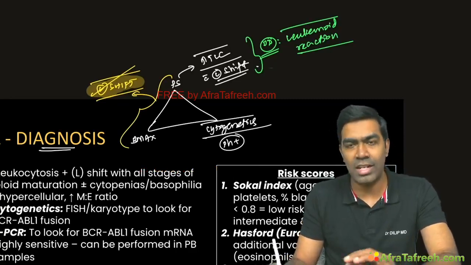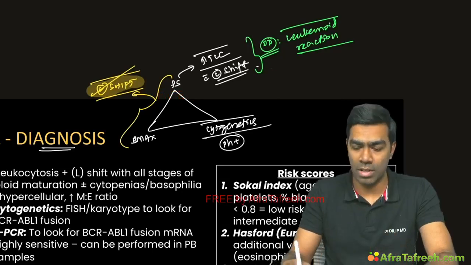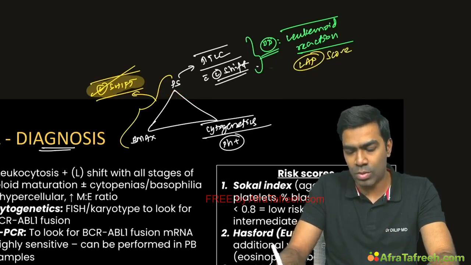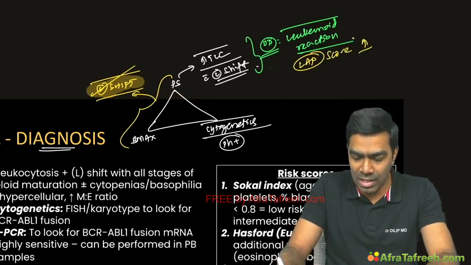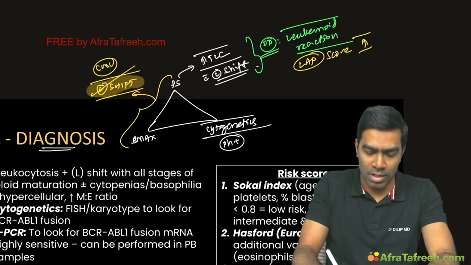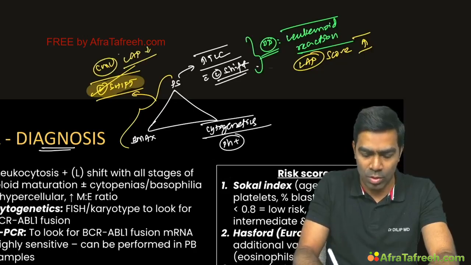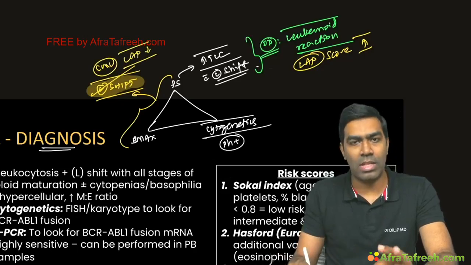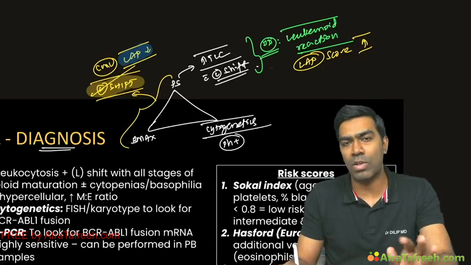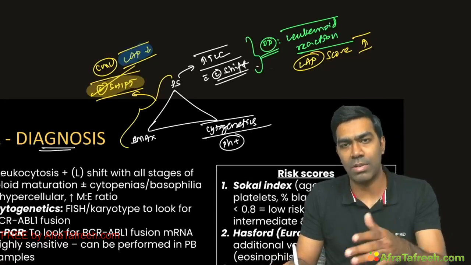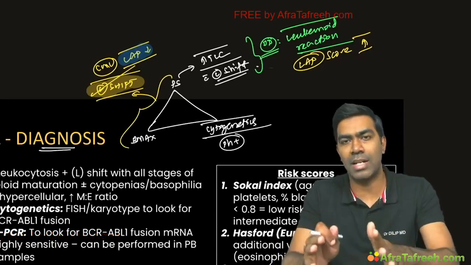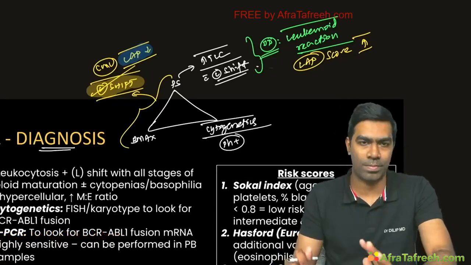But traditionally in exams, what they tend to ask is the leukocyte alkaline phosphatase score, the LAP score. The LAP score will be generally high in the setting of a leukemoid reaction, whereas if it's going to be a CML, the LAP score is going to be low. In exam, if they mention that the LAP score is decreased, invariably you're going to make a diagnosis of either CML or paroxysmal nocturnal hemoglobinuria. These are the two classic conditions with low LAP score.